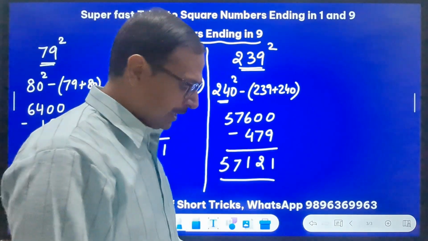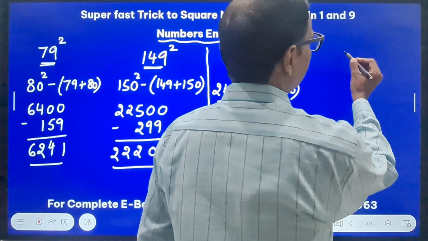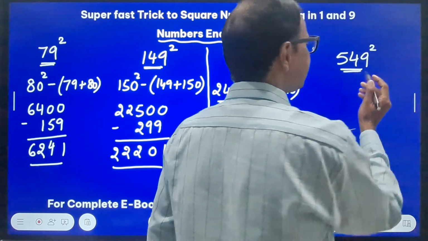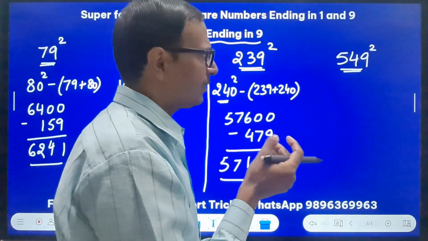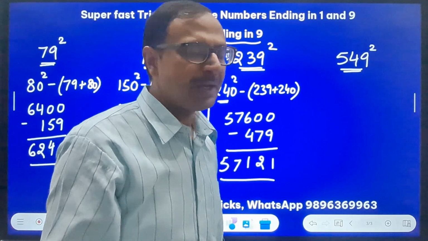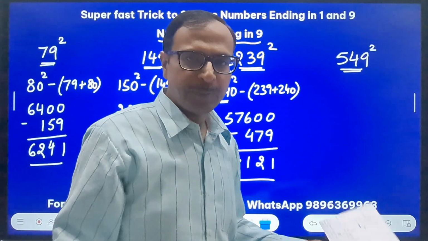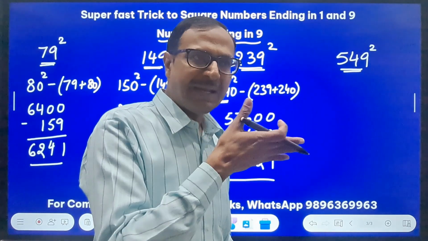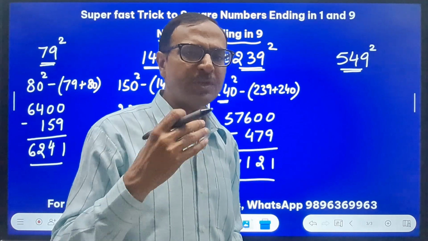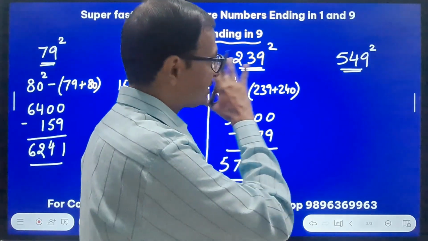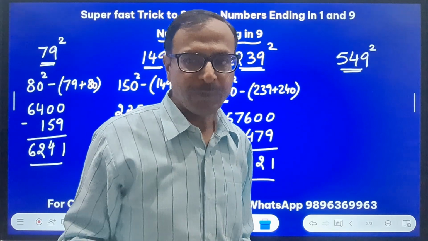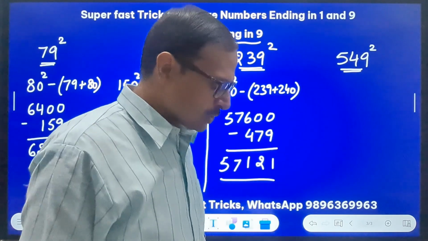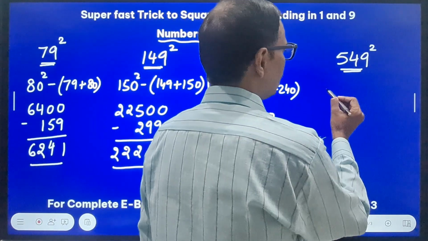If you extend the method to larger numbers, 549 square, the calculations become a little bit more, because you have to find the squares of 2-digit numbers. So there are so many videos on the channel in which I have already told you how to square numbers from 11 to 99. So watch those videos, and these squarings will not be a problem for you if you watch and apply those here. So 549 square very close to 550.